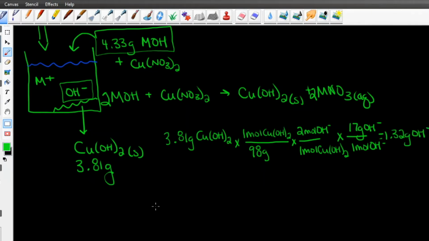So if my original sample contained 1.32 grams of hydroxide out of a total mass of 4.33 grams of MOH, that gives me a percent composition: divided by, times 100. So 30.5%.